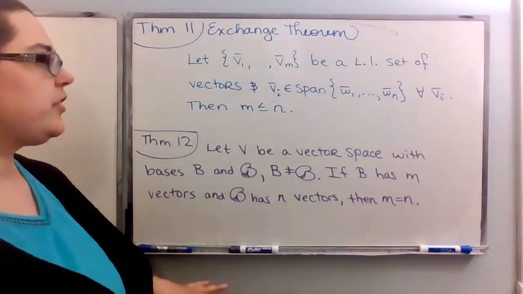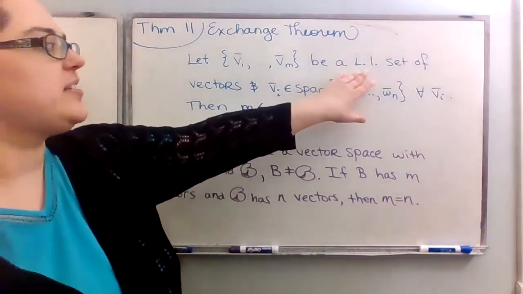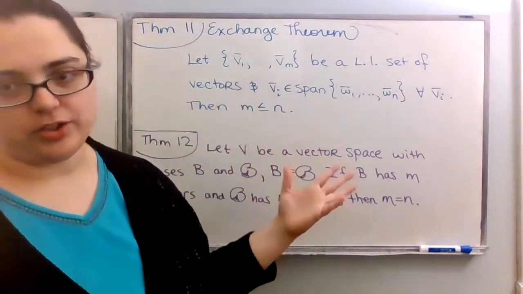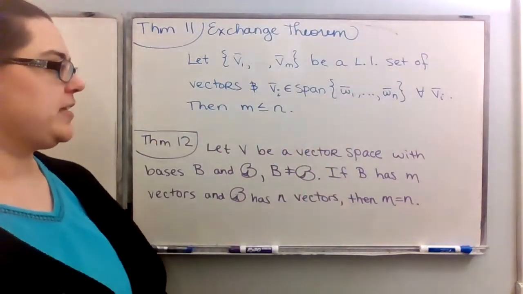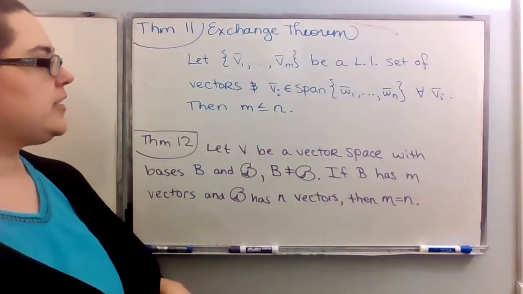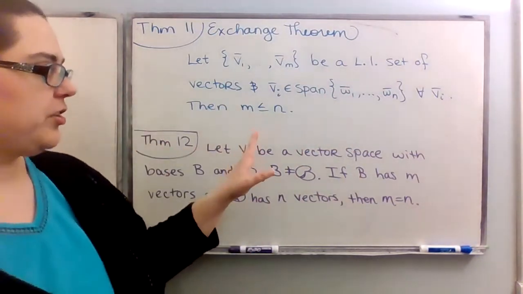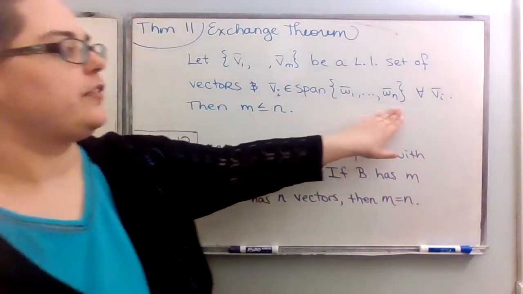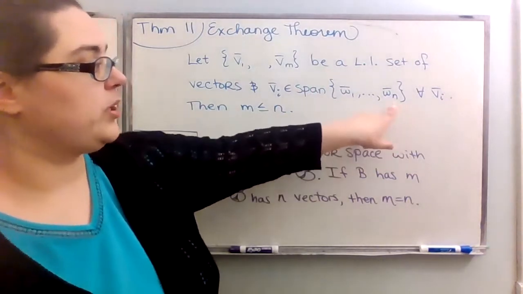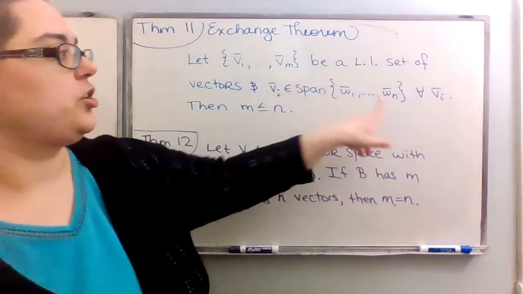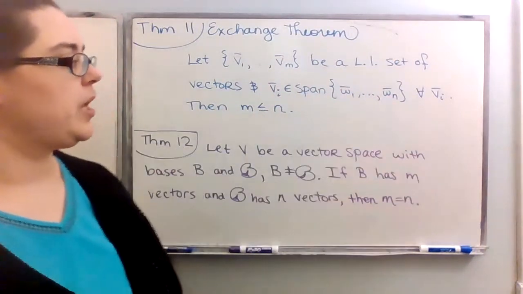And it says, let's say you've got a linearly independent set of m vectors. You get like 5 vectors, right? But they're linearly independent. And let's say that every single one of those vectors is in the span of these other vectors. And we don't know how many there are, but it could potentially be a different amount.